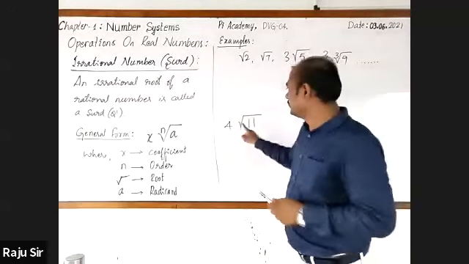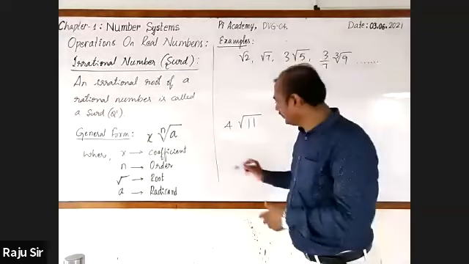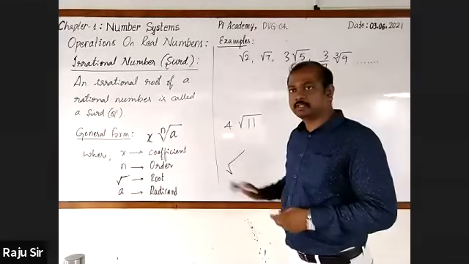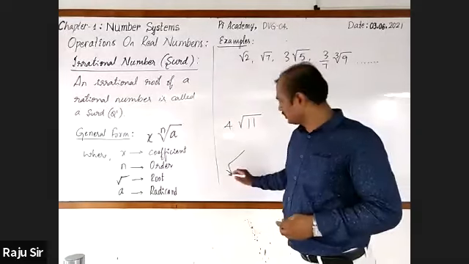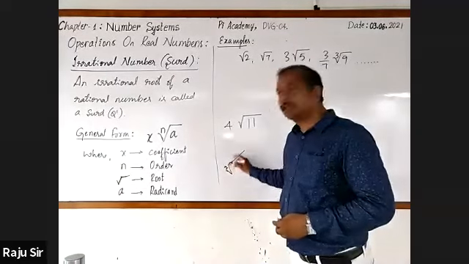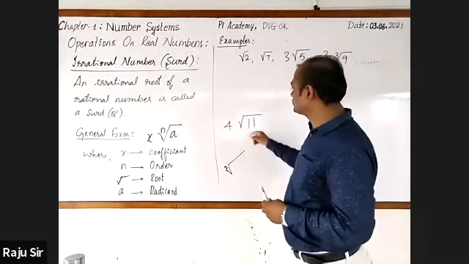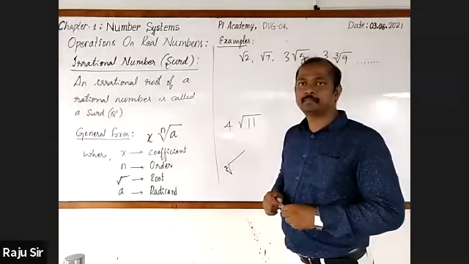Coefficient. So what is the order? 2. If you write the sign like this, it is square root. So square means it is 2. Therefore, order is 2. What is the radicand? 11. 11 is the radicand.